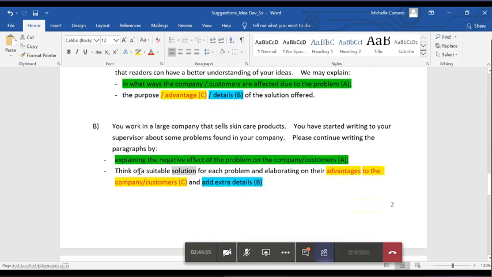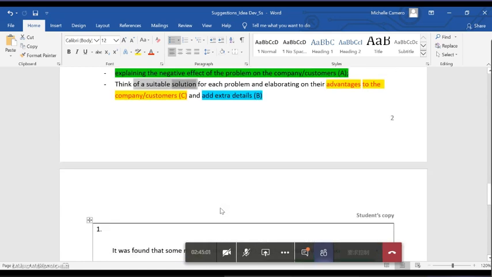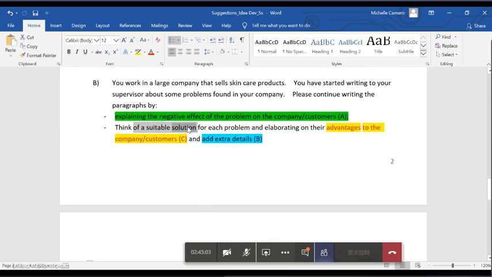It says, think of a suitable solution. So they want you to add a solution. You don't have to add a solution because I've written the whole paragraph for you. I've provided it already. So provide a suitable solution for each problem and elaborate. So remember, add ideas. You must add the advantage of the solution, and this advantage is for the company and customer.